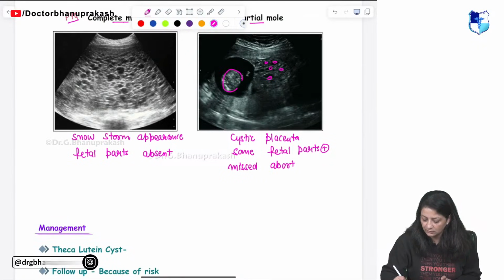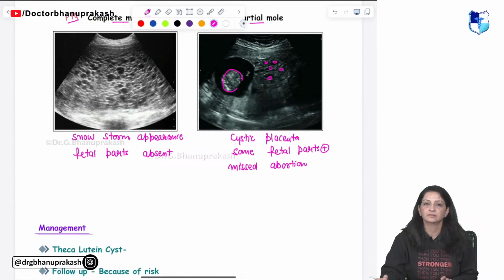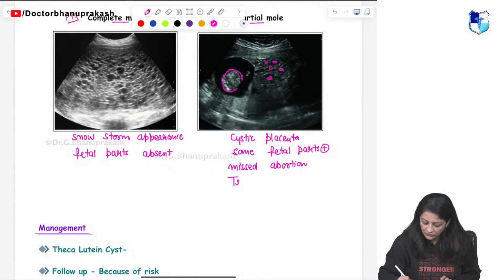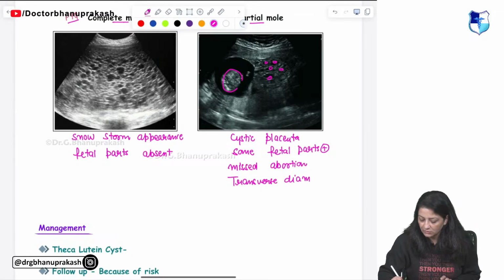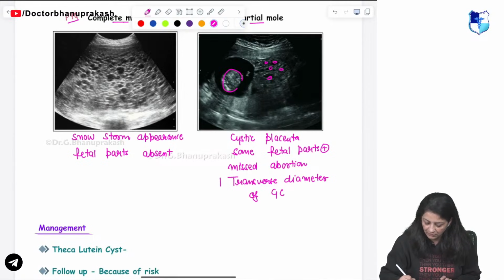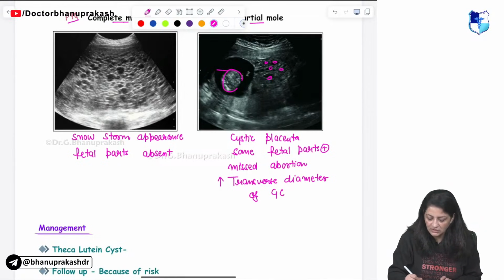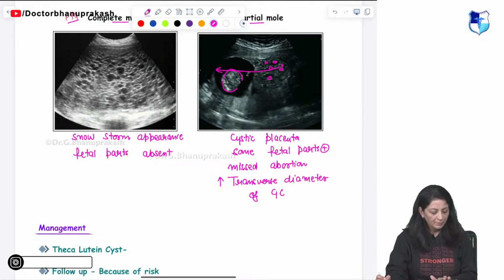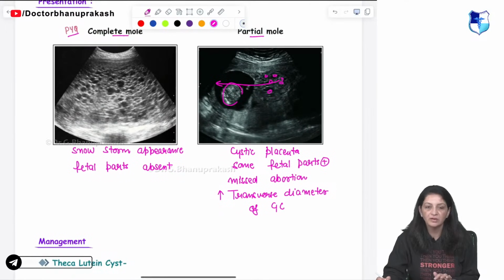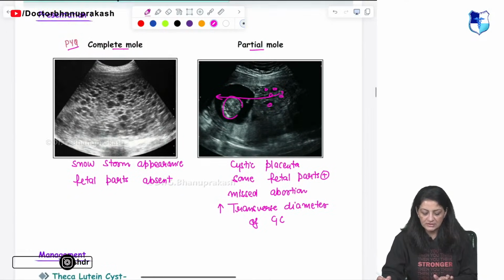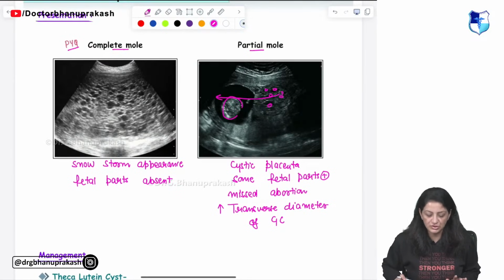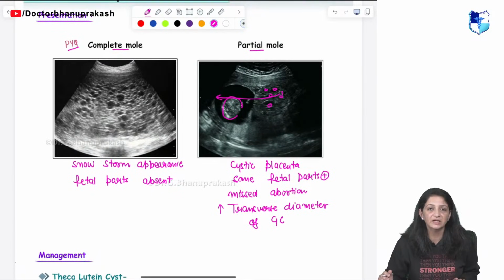And transverse diameter of the gestational sac will be raised in case of partial mole. So this is the ultrasound picture. First one is the complete mole, second one is partial mole.